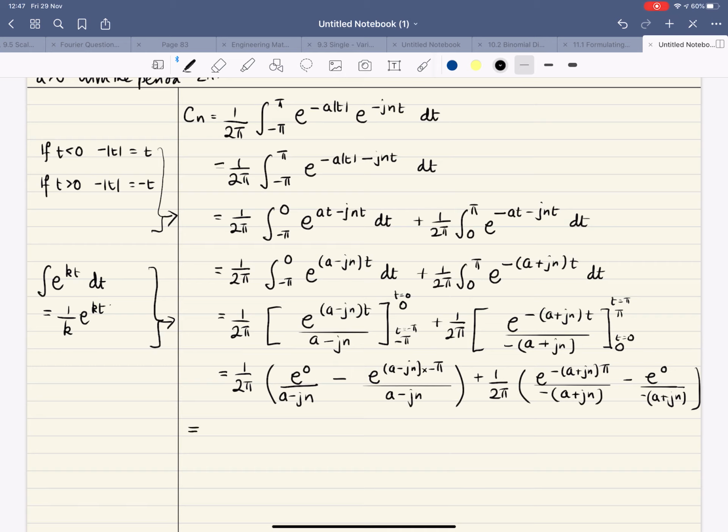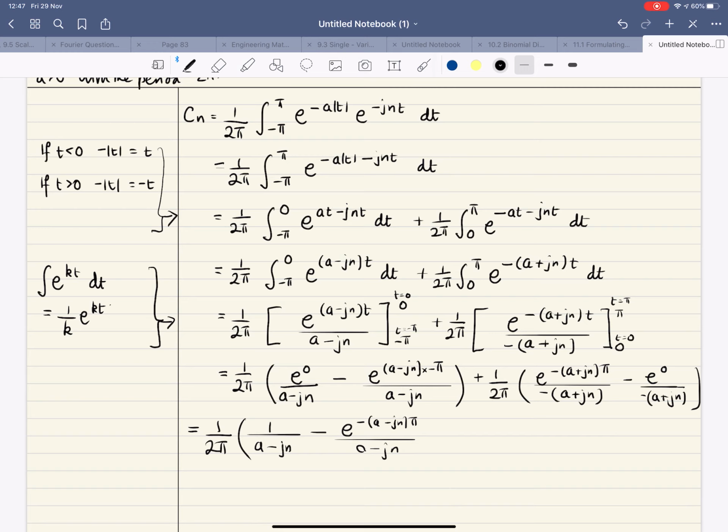Right, so move over a little bit. 1 over 2 pi times, this is going to be 1 over a minus jn. This is minus e to the minus a minus jn pi. Just traditional to put that minus right at the front, over a minus jn.